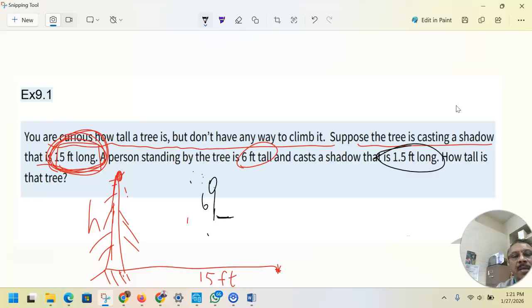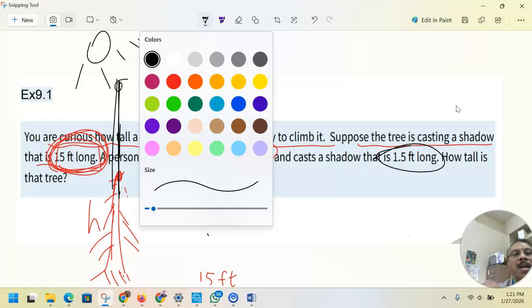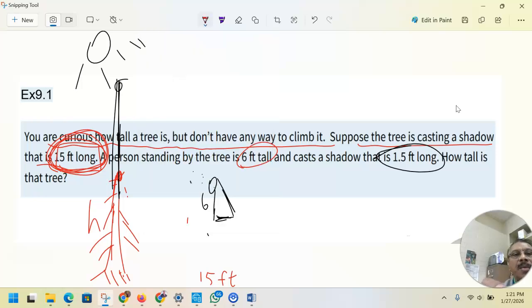Maybe this is the sun, and the shadow is this part, which is 15. This is 15. And the shadow of the person who is standing next to the tree is 1.5. Okay, this is the person.